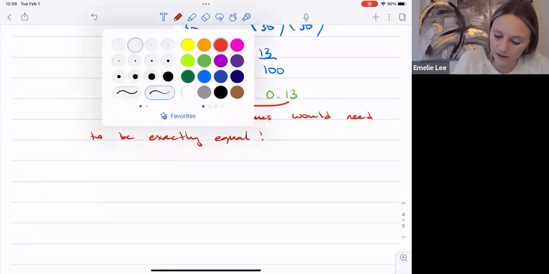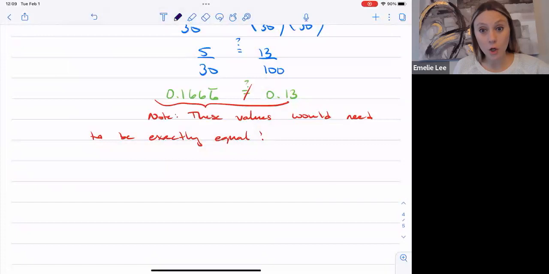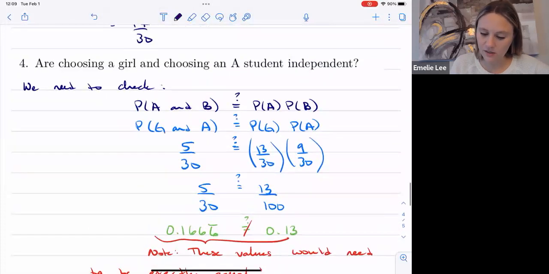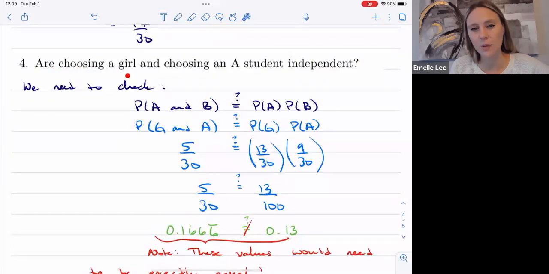They have to be exactly equal. So our argument is no. To answer the question, are choosing a girl and choosing an A student independent?